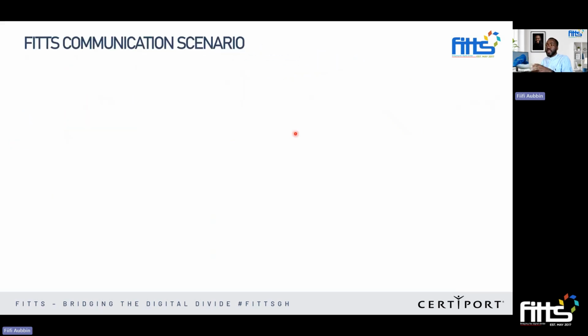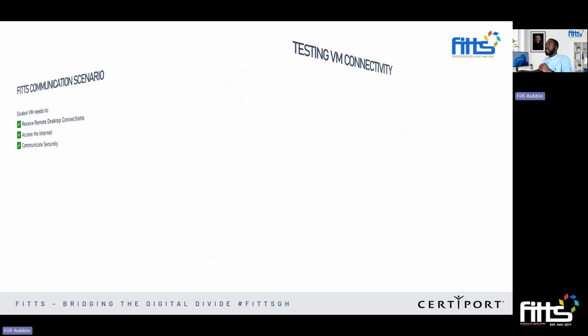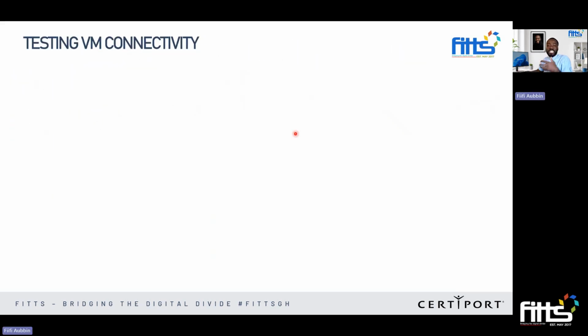Let's look at a common communication scenario. We have one student VM and it needs to receive remote desktop connections and also access the internet and communicate securely. So this is a typical communication scenario. And how do we even test the VM's connectivity?